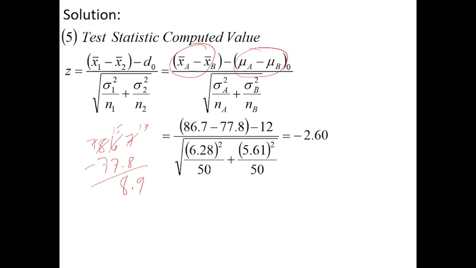So is 8.9 significant for us to reject 12? Let us see.